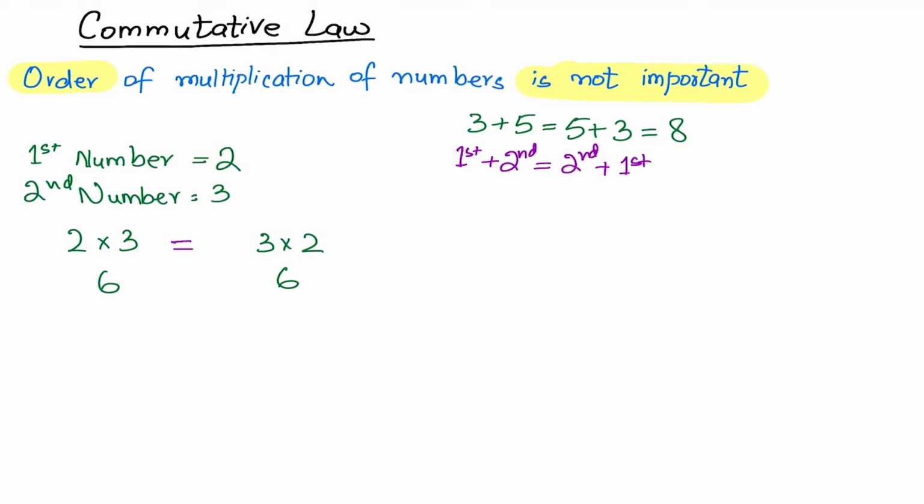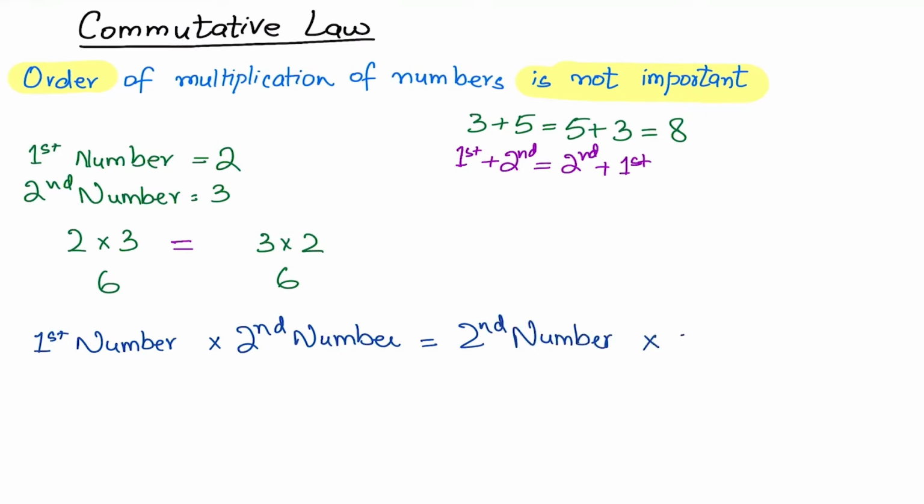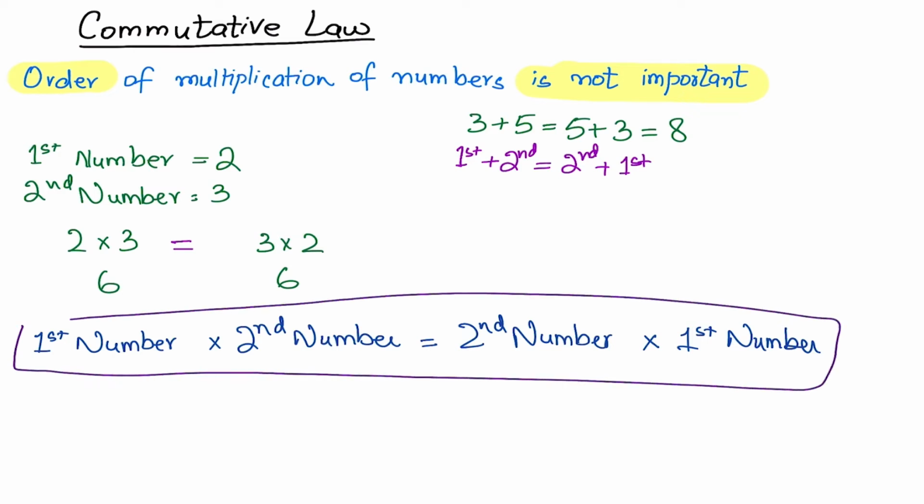Alright? So again, we can write that first number times the second number is equals to second number times the first number. Okay, so this is the commutative law of multiplication.